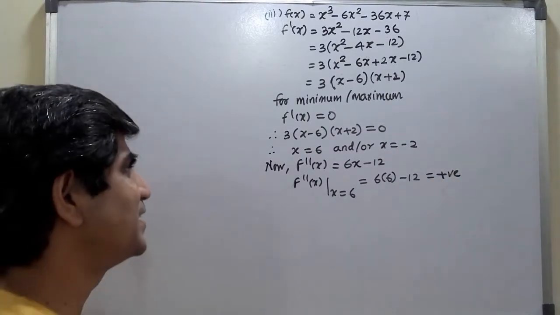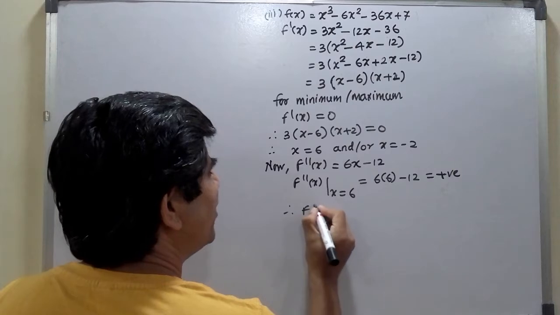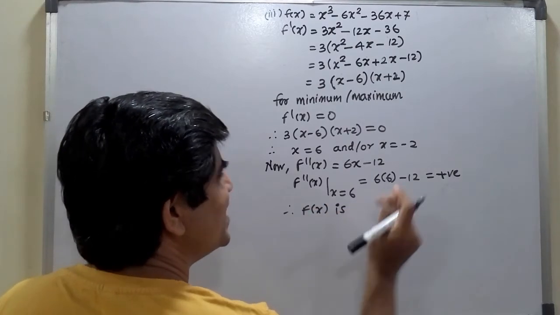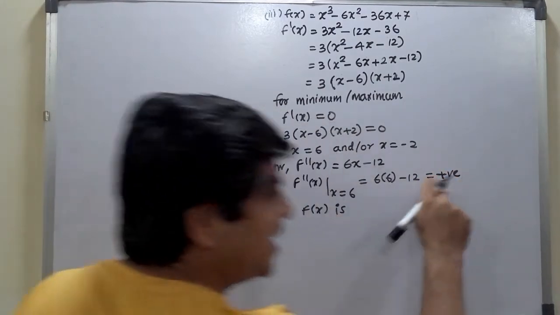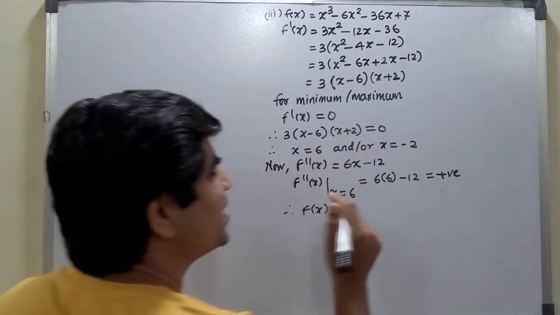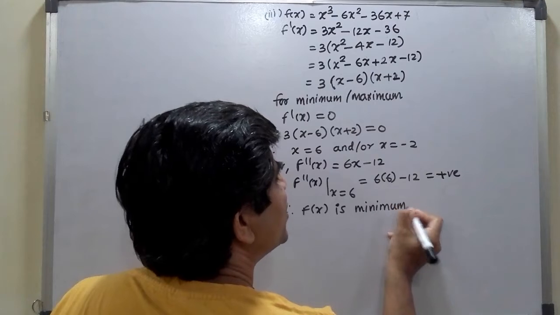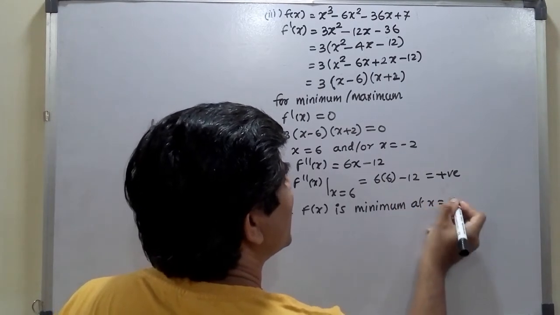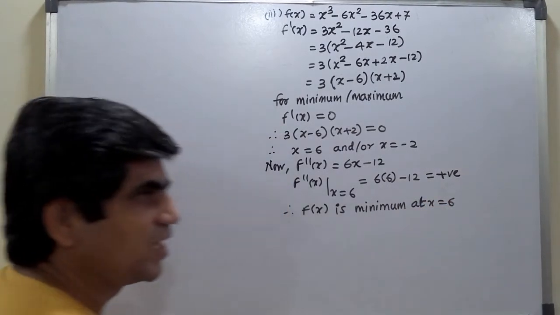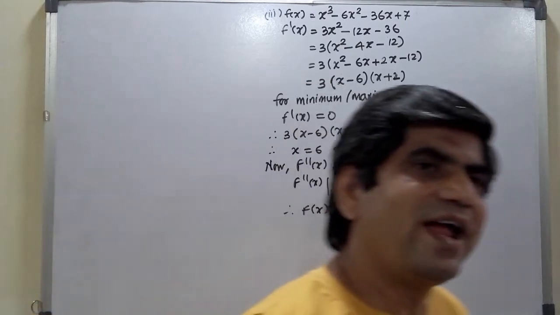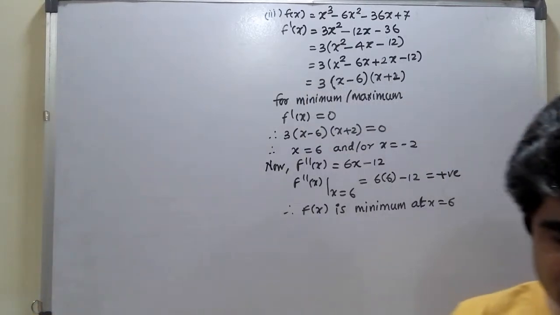So what do I get? If the second derivative is positive, the function of x is minimum. So it is minimum at x is equal to 6. Okay.